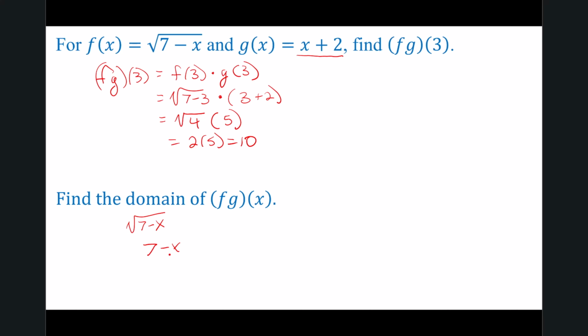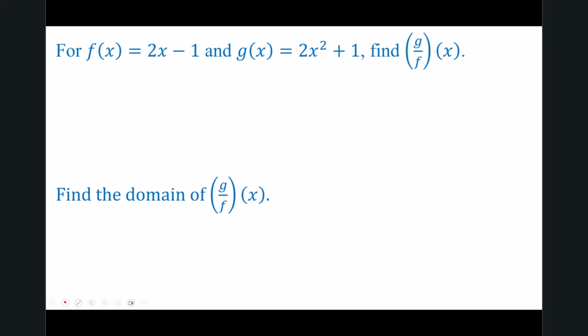So whatever is inside the square root needs to be greater than or equal to 0. So if I add x to both sides, I get 7 is greater than or equal to x. Or if I switch that around, I get x is less than or equal to 7. So my domain is negative infinity to 7 with a closed bracket on 7 because 7 is included in the domain.